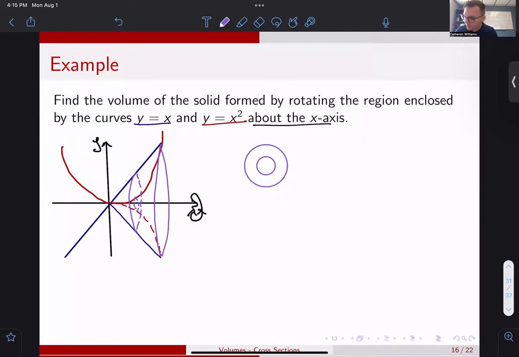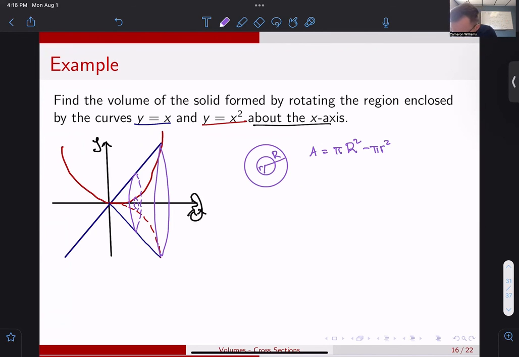So we want to get the area of this thing. Well, this is two circles. There's an outer circle, there's an inner circle. And so there's an outer radius big R and an inner radius little r. And the area is going to be pi big R squared. But then we need to subtract out that inner part, so we subtract the inner circle's area, pi little r squared.